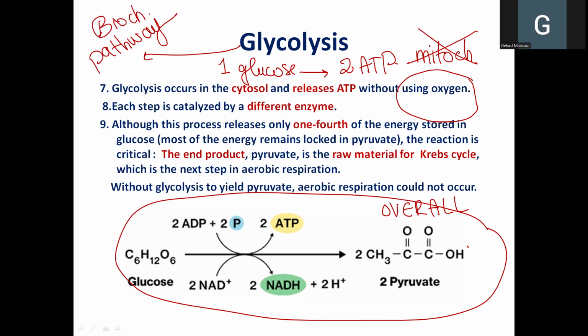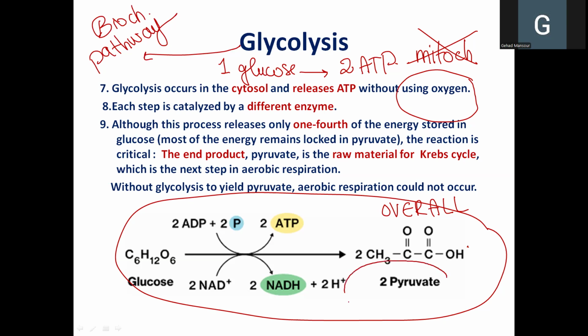This process of glycolysis releases 8 molecules, even if we obtain energy from reduced NAD and if we enter the mitochondrion. So it is 1/4 of the energy stored in glucose only. What does this mean?